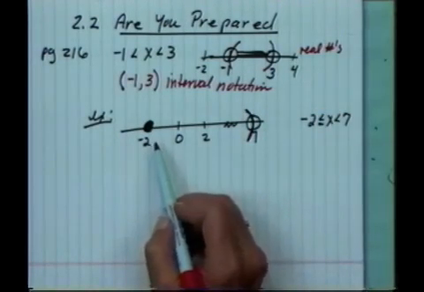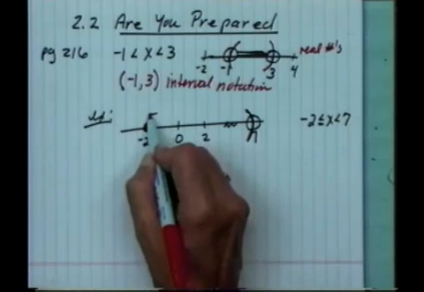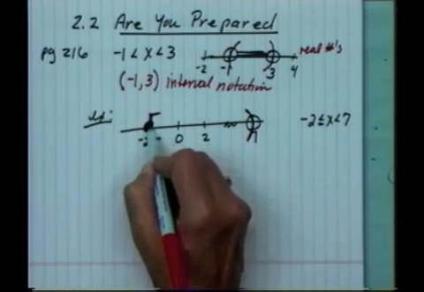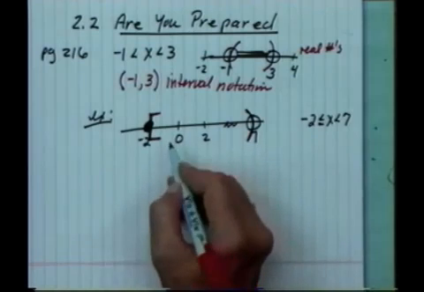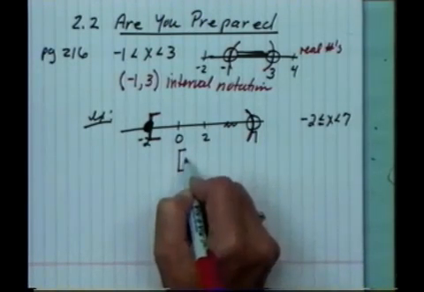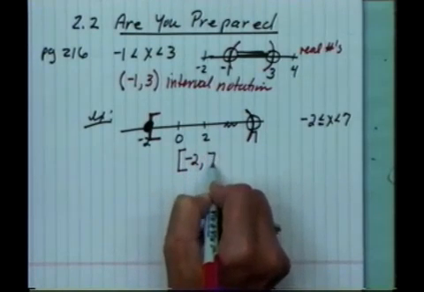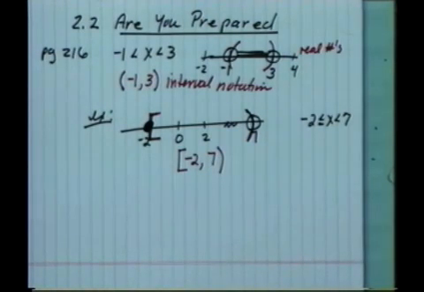Anybody have a clue what you did when you had a solid dot? Square bracket. So if you look at it that way, then it's going to be very easy to put it in interval notation. What would the interval notation be? Square bracket, negative 2, 7, open parenthesis. Okay, let's do one more.